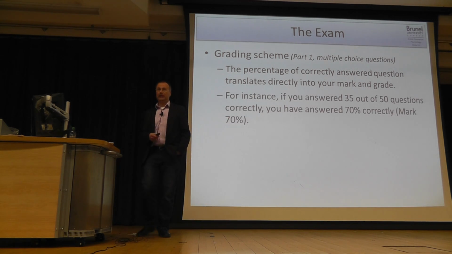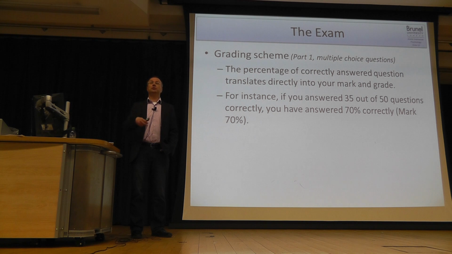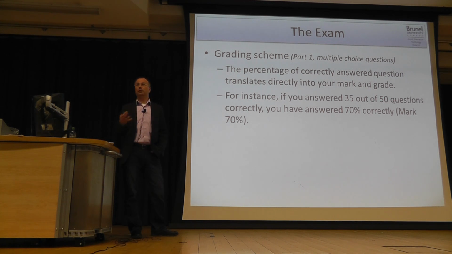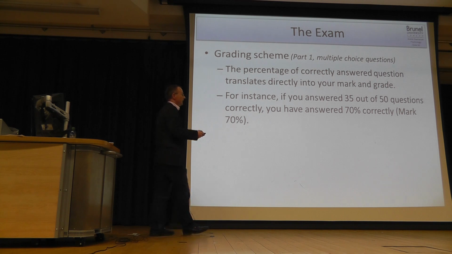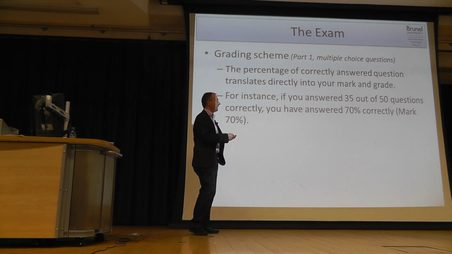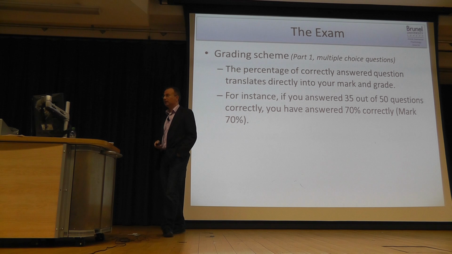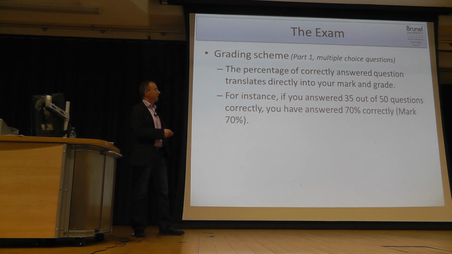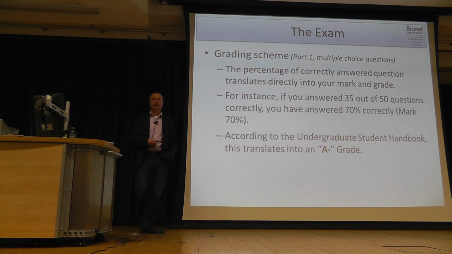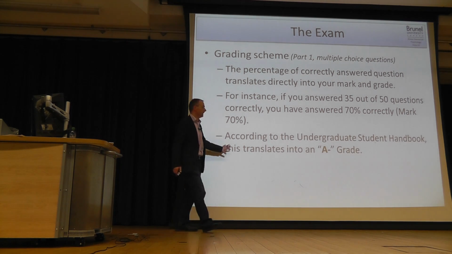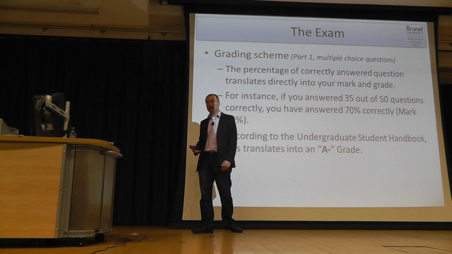So we have 50 questions, which make up 50% of the exam. So basically, each question is 1% of the final grade. But let's say you answered 35 out of 50 correctly, then you have answered 70% correctly, which is a mark of 70%, and according to the undergraduate student handbook, that translates into an A- grade.